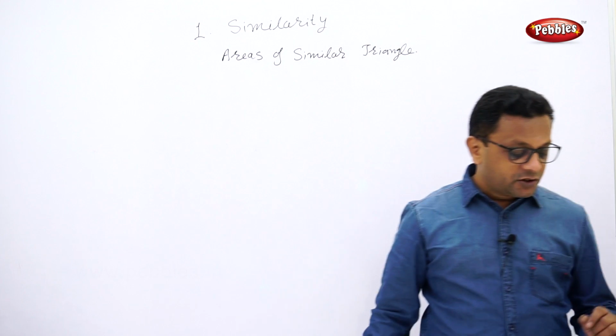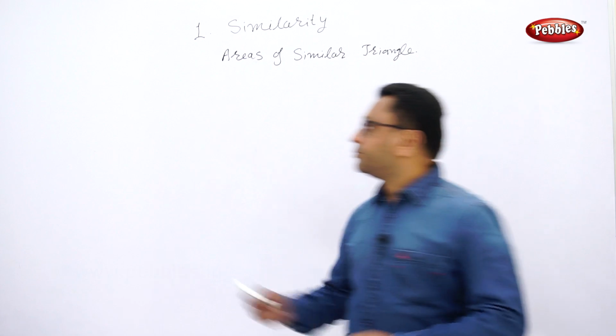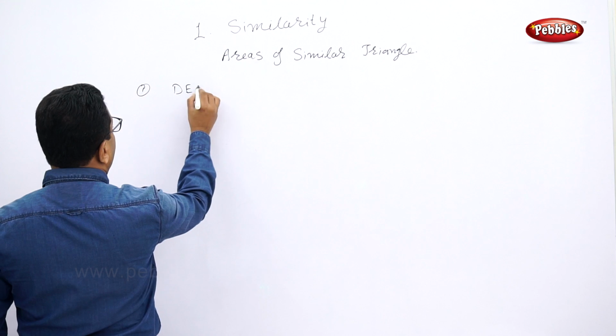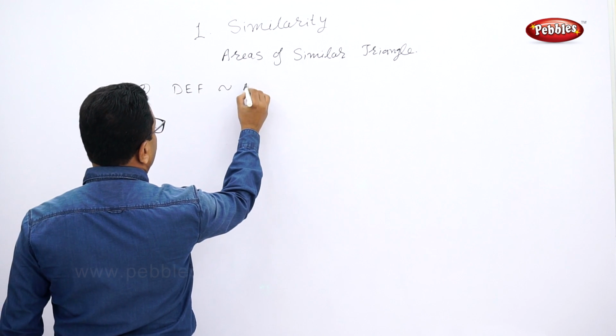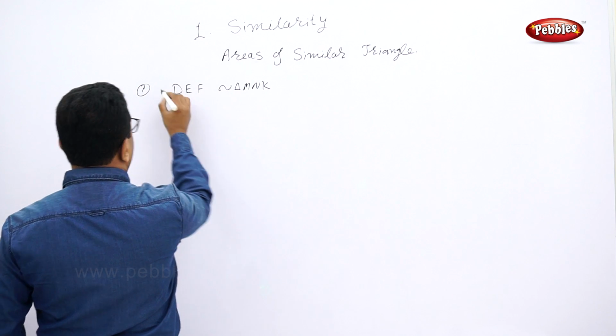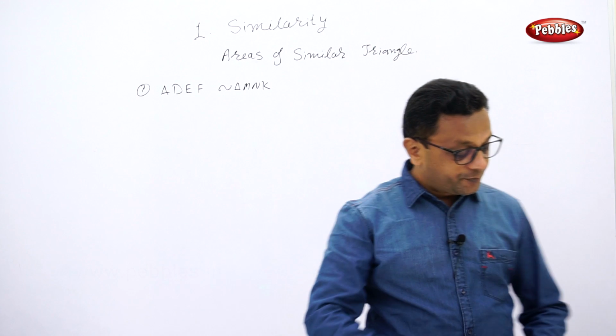The first example: triangle DEF is similar to triangle MNK. I am not drawing the triangle, okay, anyway, you have to draw the triangle there.